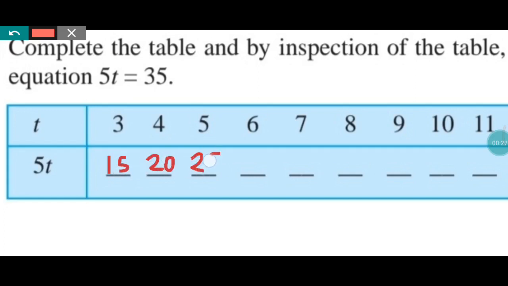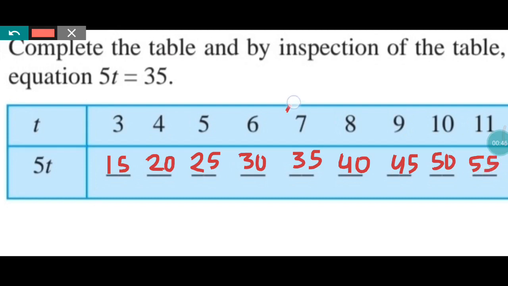When it is 5, then it is 25. When it is 6, then it is 30. When it is 7, then it is 35. When it is 8, then it is 40. Then 9, then it is 45. Then it is 50 for 10, and 55 for 11. Now we know that this is the solution: when the value is 7, then the answer is 35.